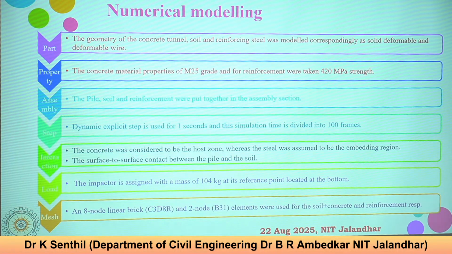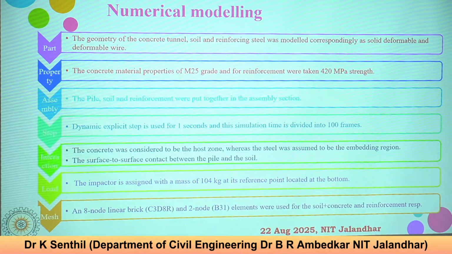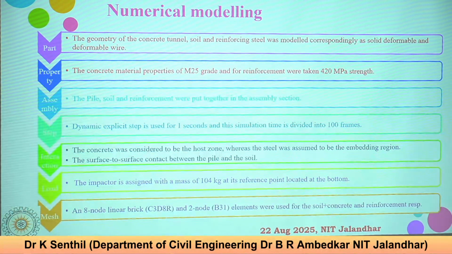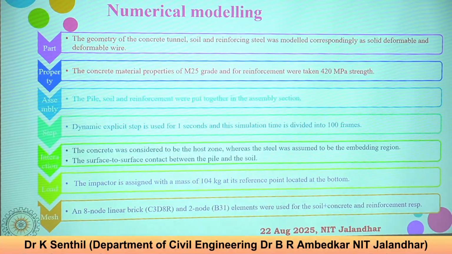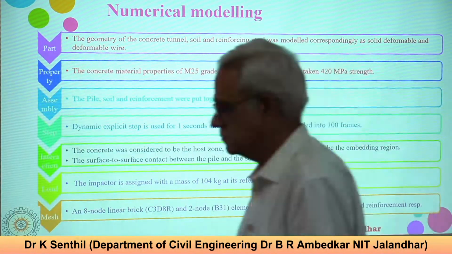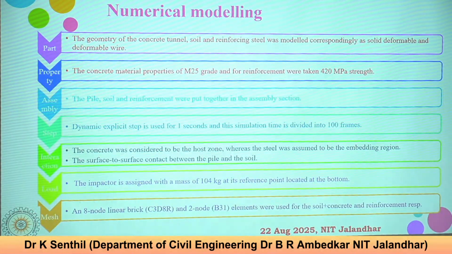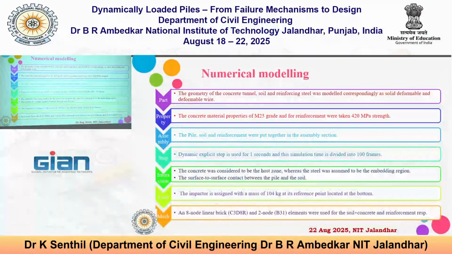Then you can go for steps like static or dynamic, whatever you select. Thereafter you define the interaction, and further you can define the load. After that the meshing, which we discussed. Then you can run the file, that's it. So these are the basic steps involved while modeling this.